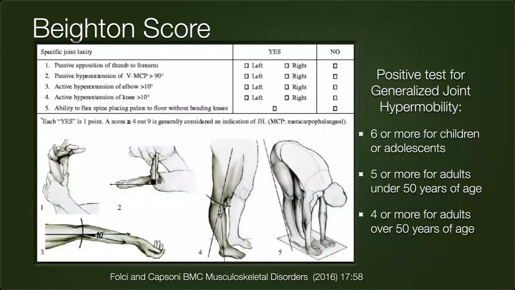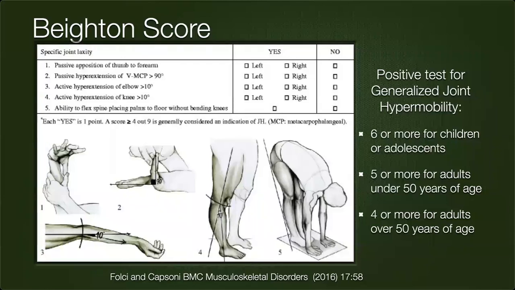So it does really need to get measured. And then if you can place your palms on the floor when you're bending forward without bending your knees, that's the final point. And it's important to note you don't need all of them.